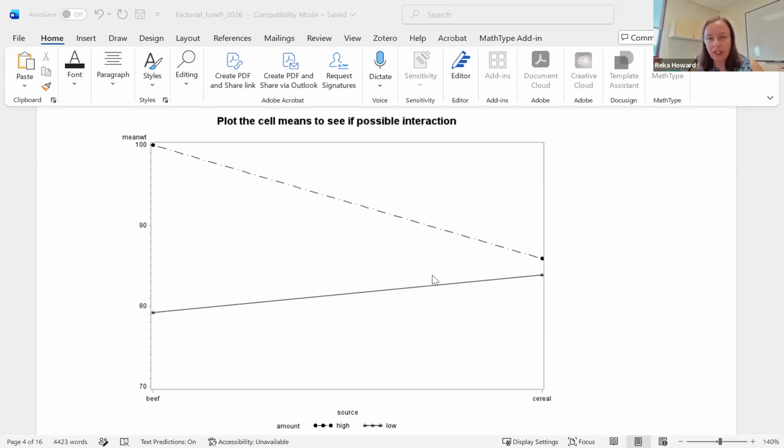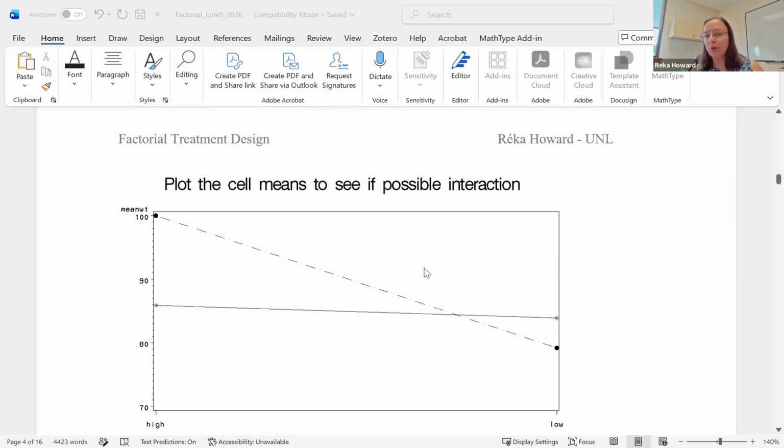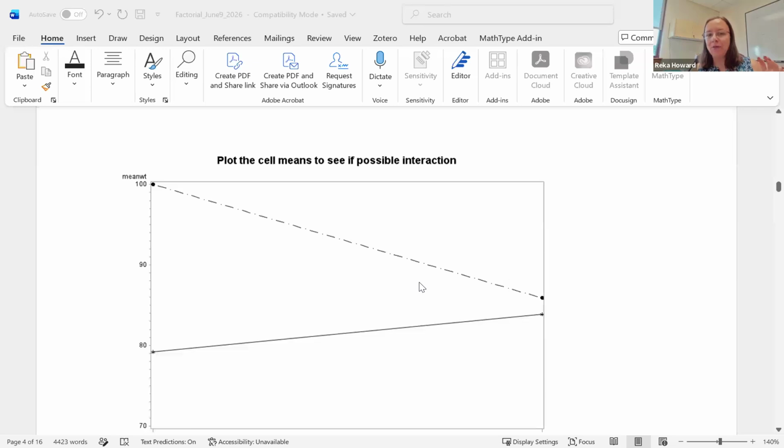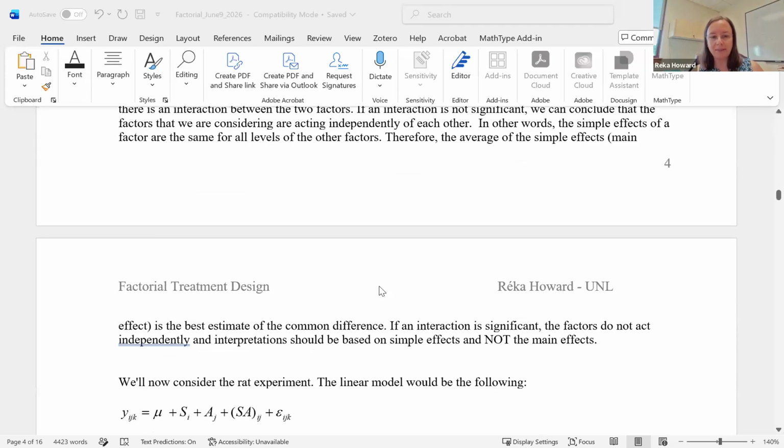So it's very clear that there is an interaction when I'm looking at this plot and I'm looking at the p-value associated with the interaction. But if I would only look at this plot, I would be a little hesitant, like, is it a statistically significant interaction or not? So you have to be careful. That's my point with this example.